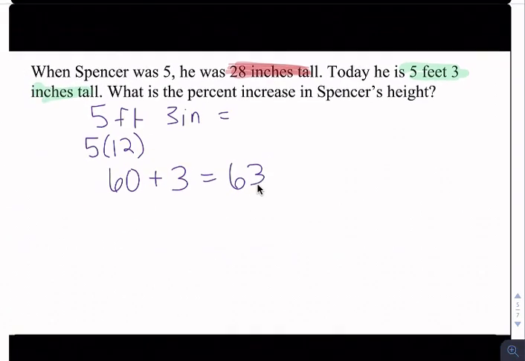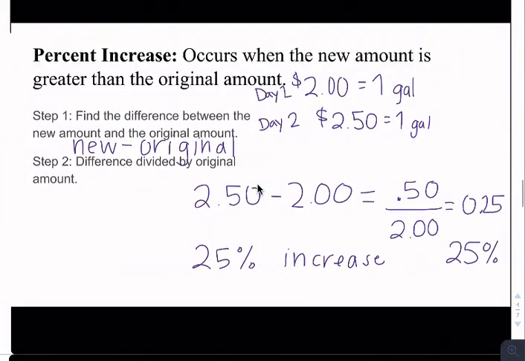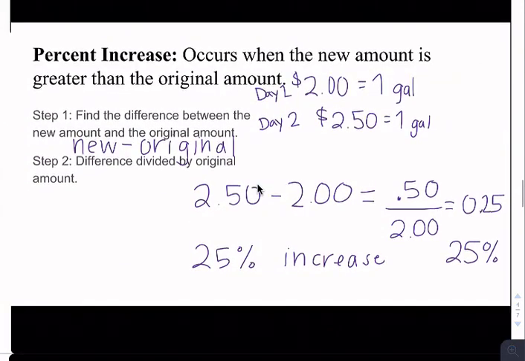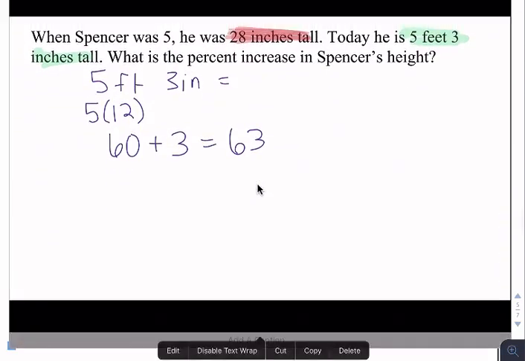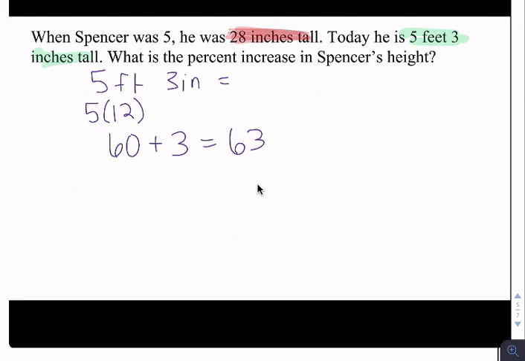Okay, so remembering our steps. Find the difference, new minus original. So our new is 63, the original is 28. So we have 63 minus 28, and we get 35.